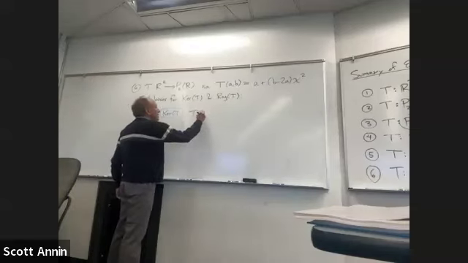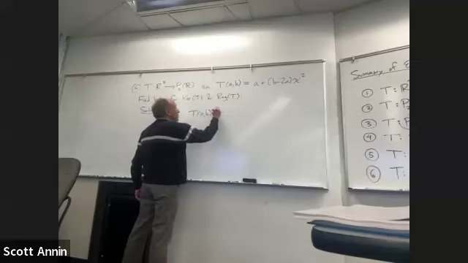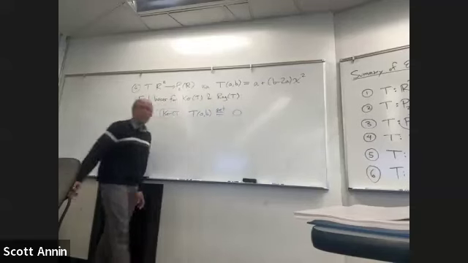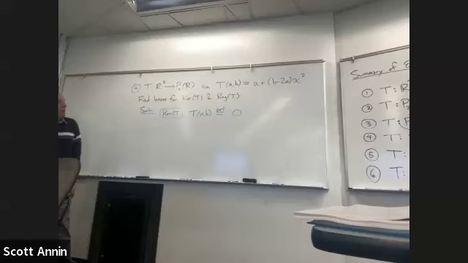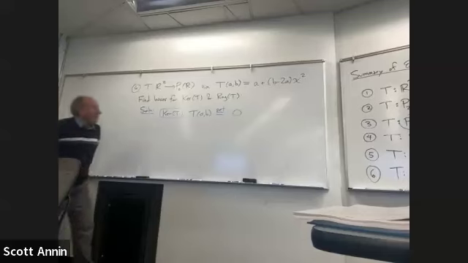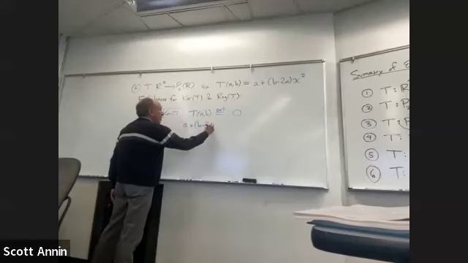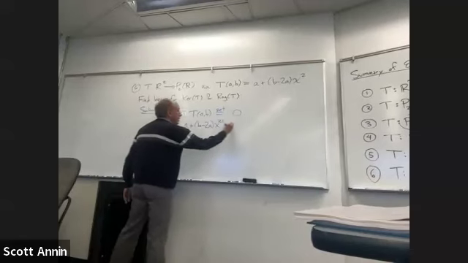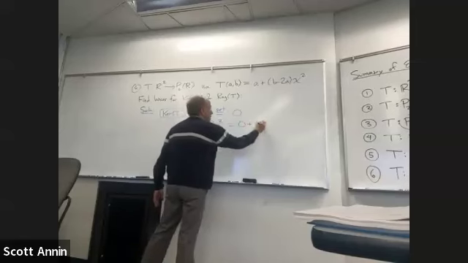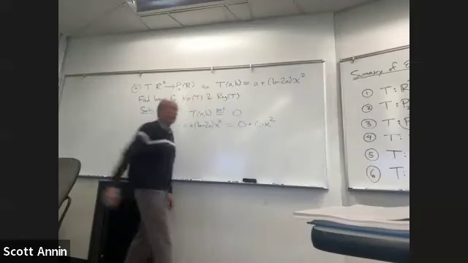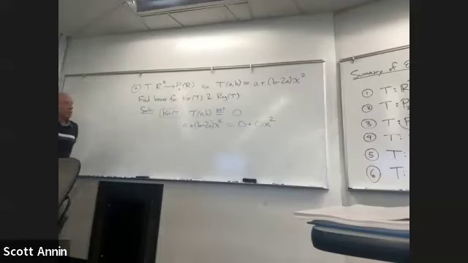I'm going to take T of A, B and I'm going to set it equal to 0. Obviously, I can put the formula in, so A plus the quantity B minus 2A x squared is being set equal to, and now I'm going to write the 0 as actually the 0 polynomial. So that would be 0 plus 0 x squared.